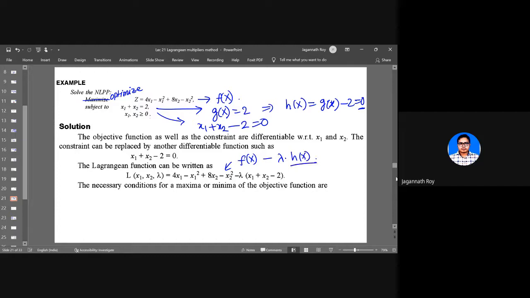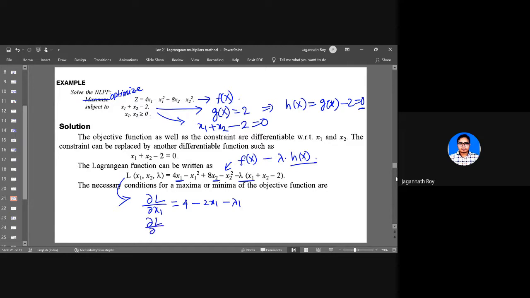Now if you try to find del L del x1, because we have only 3 unknowns, x1, x2 and lambda. For this we'll have 4 minus 2x1, then minus lambda.